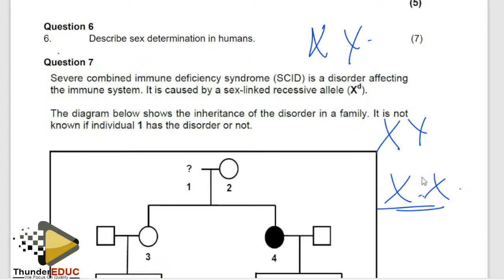If it is not a sex linked disorder, please don't use X and Y. However much they have talked about a male and a female, please don't use X and Y if they have not mentioned that this is a sex linked disorder. I think I'm clear there.